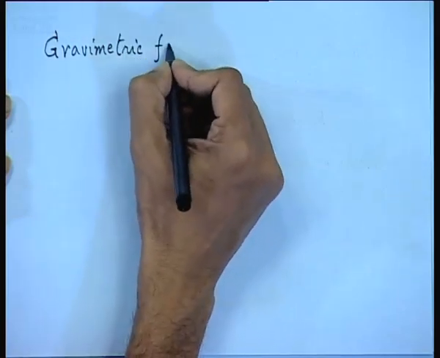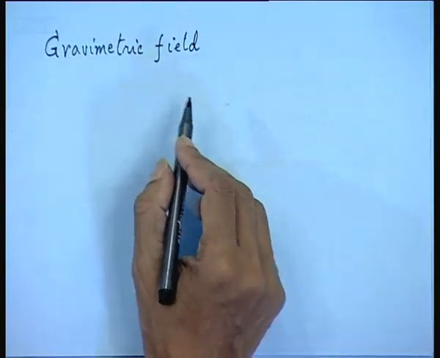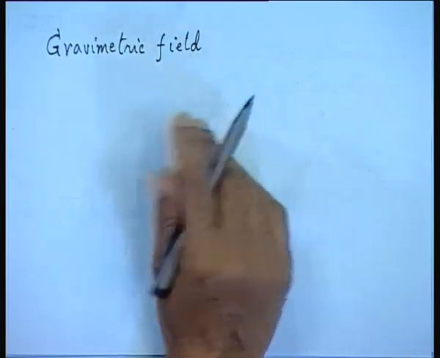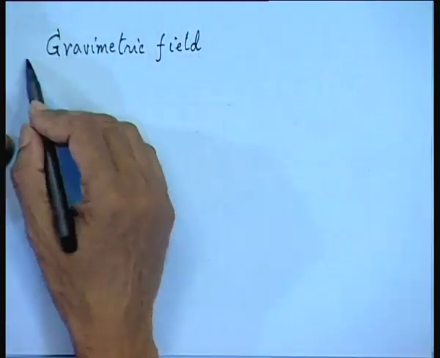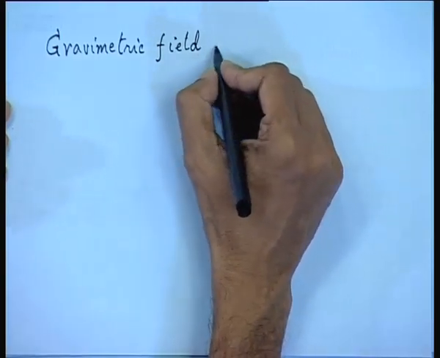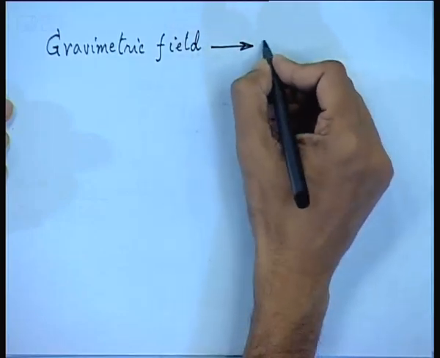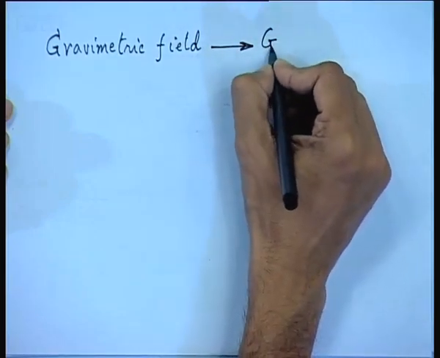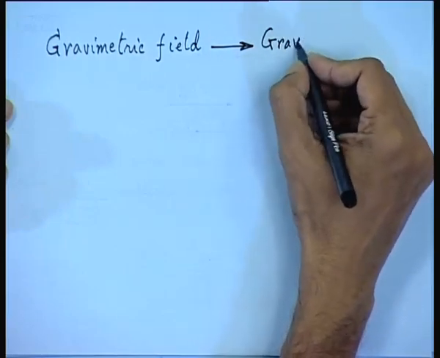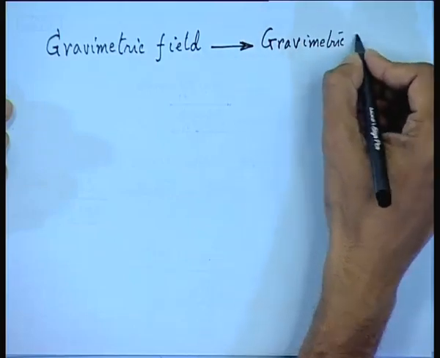Now, there are very sensitive instruments which study the nature of the gravitational field generated by the earth, the mass of the earth. So, gravimetric field is generated, and this gives us what is called the gravimetric survey. So, these are two important survey methods which are used in ocean engineering.